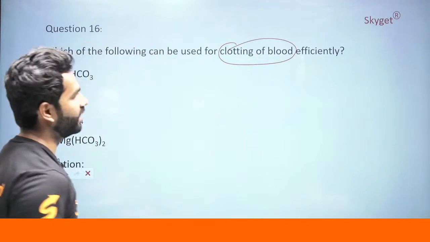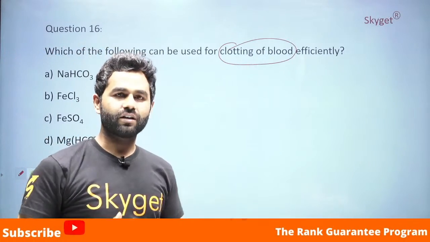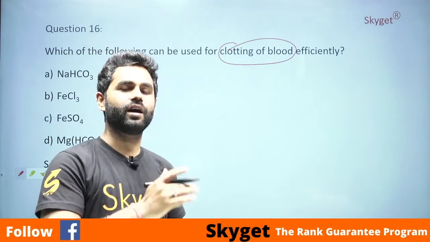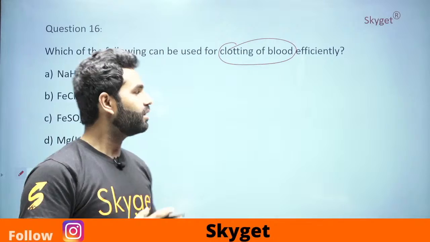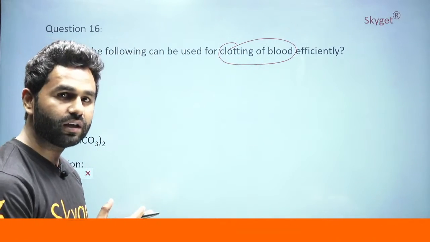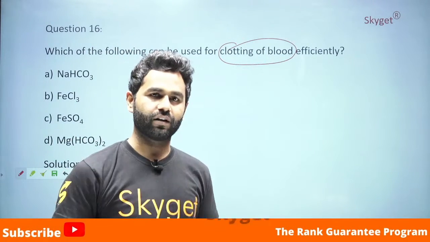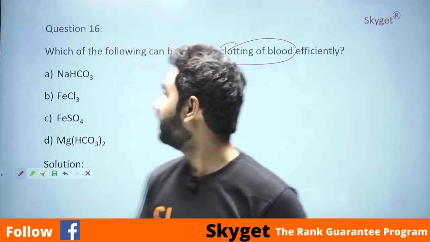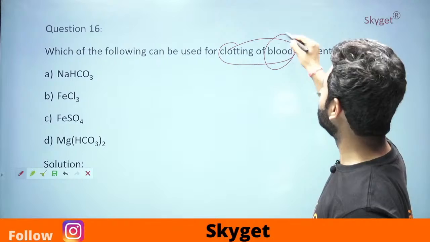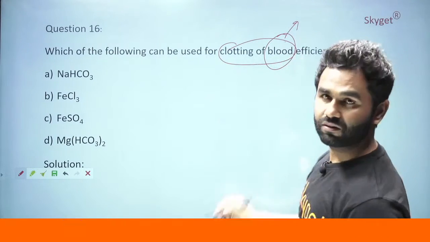This rule says that the coagulation property of any electrolyte depends upon the charge on its coagulating ion. Getting the point? Now we have the blood clotting. So blood is a negatively charged sol.